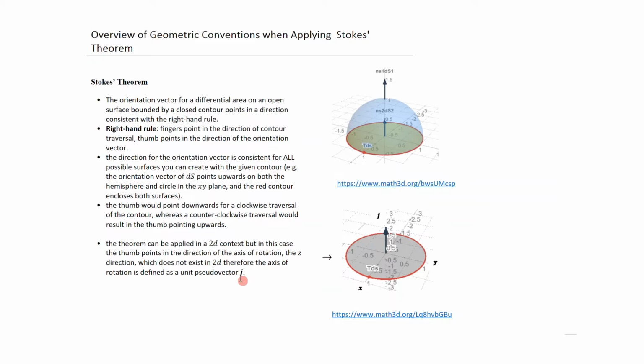For scalars, we have a scalar, whereas for vectors, we have a pseudo-vector. That basically allows us to define some form of axis of rotation, even though in 2 dimensions, Z does not exist. Either way, you can look at these 2 links if you want to look at these diagrams in more detail.